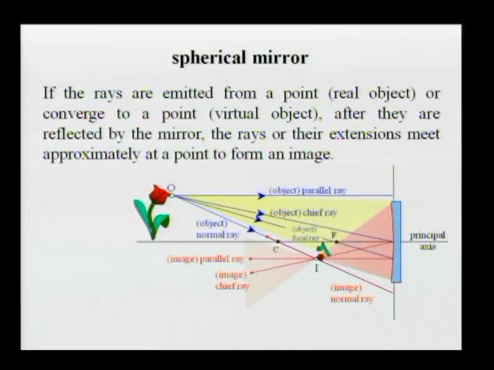And again here I mean that the mirror was too small, so I imagined that this mirror is really a fragment of a bigger mirror of the same properties. So I extend it to this point and say that it would be reflected at this point, and the parallel object ray is going to be reflected in such a way that the reflected ray is going to pass through the focal point, and therefore it will be called image focal ray.